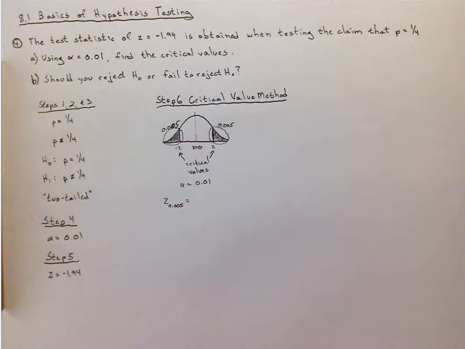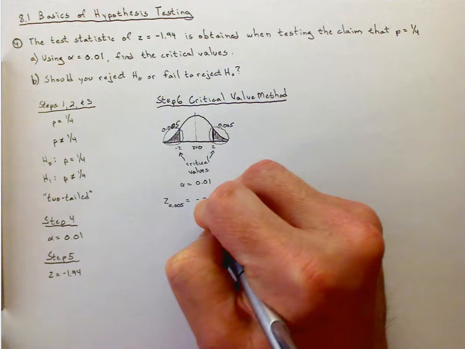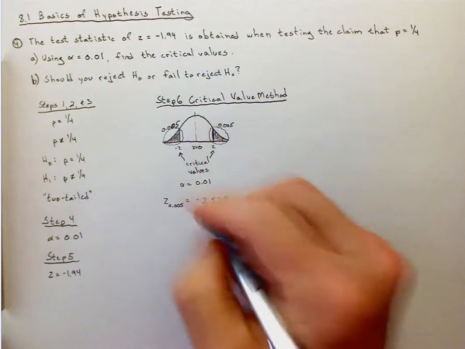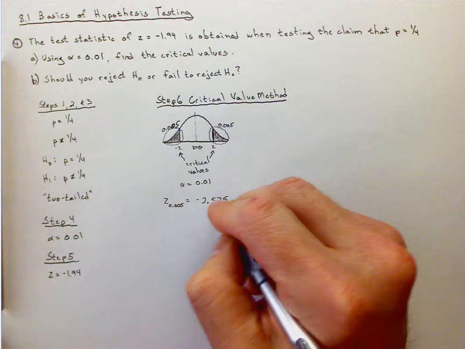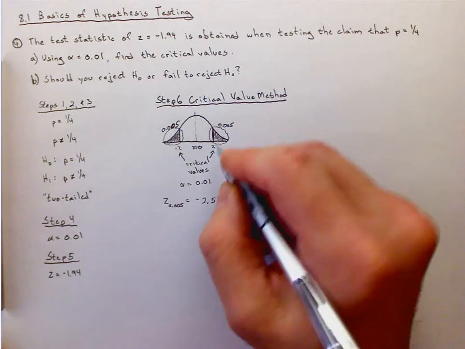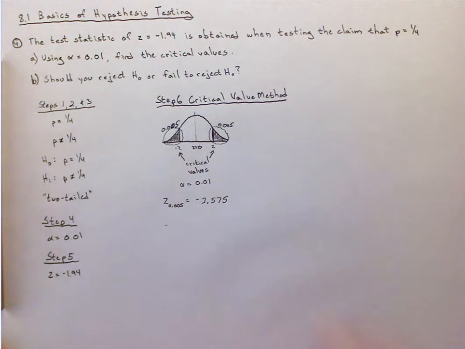On your table there's that asterisk, and it takes you down, and I find the z-score of 2.575. So a negative 2.575. Most often they're going to tell you to round to 2 decimal places with your z-score. There's symmetry, so I know my positive z-score is just a positive number. These are my critical values.